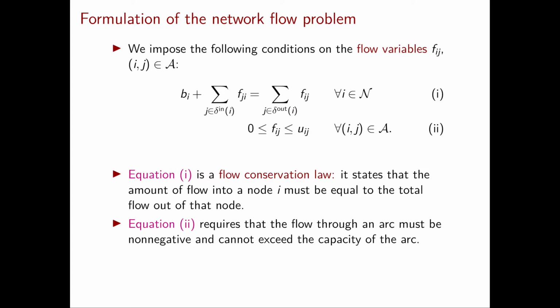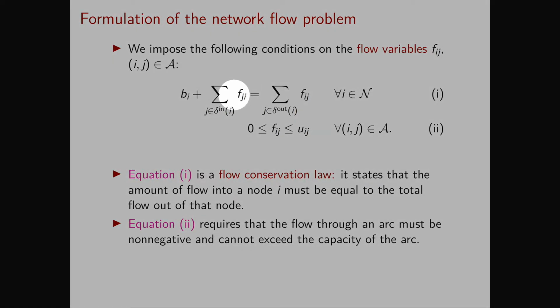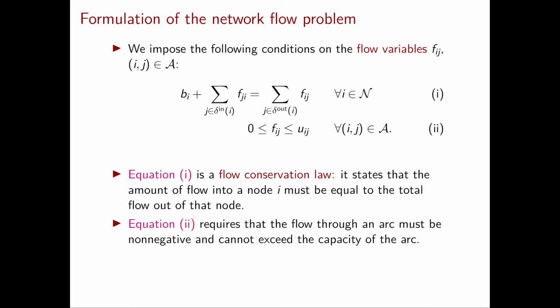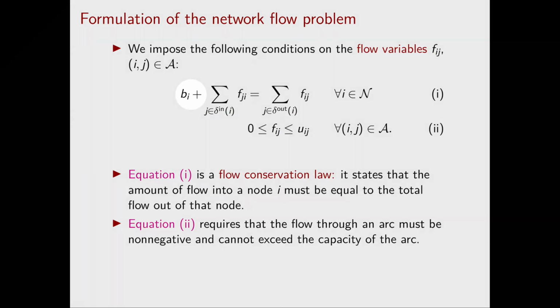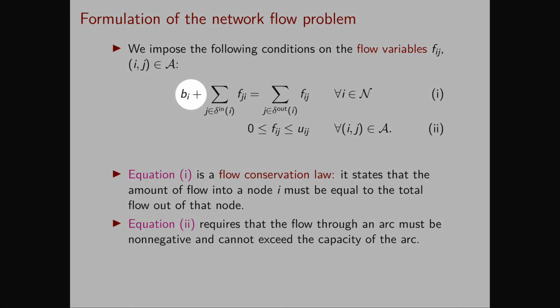Let's examine this equality constraint more closely. On the left, we have the sum of F_ji for every j in delta in of i. So this sum is exactly all the flow that enters node i from inside the network. Then we're adding to this sum the supply B_i.